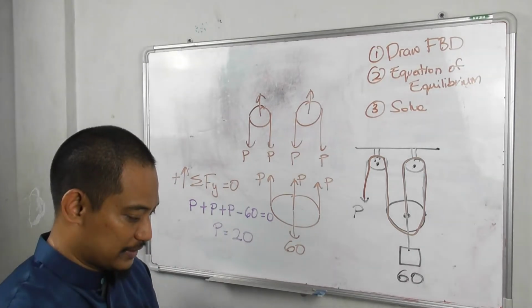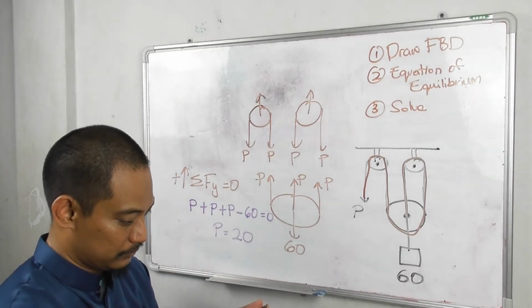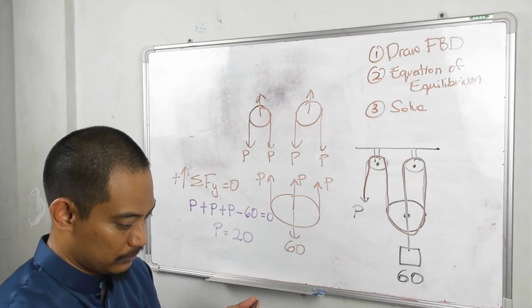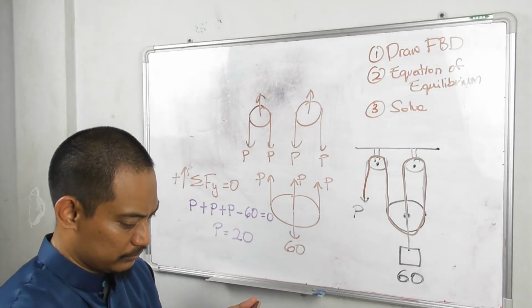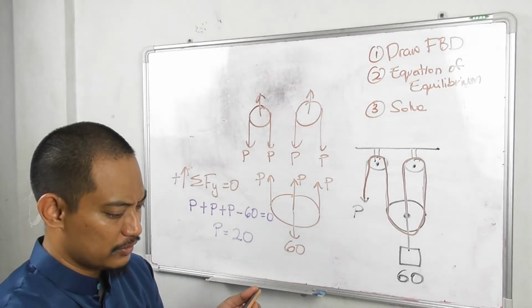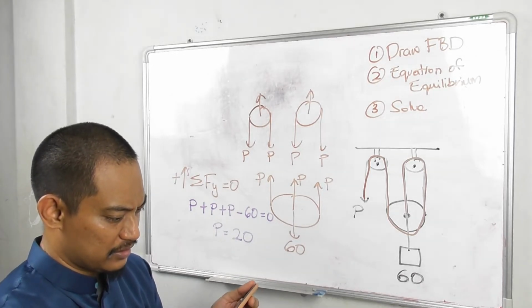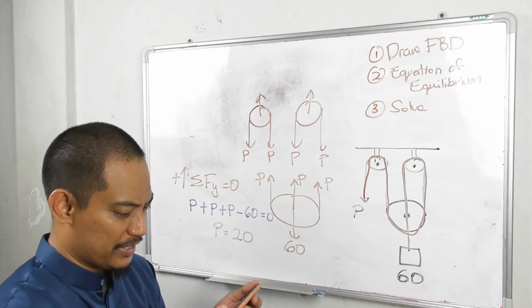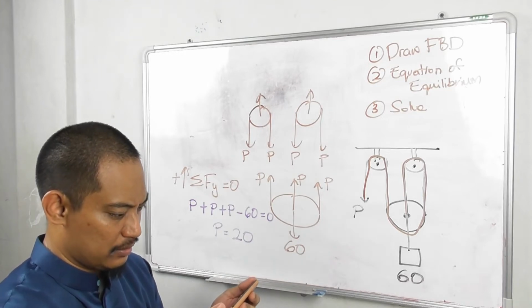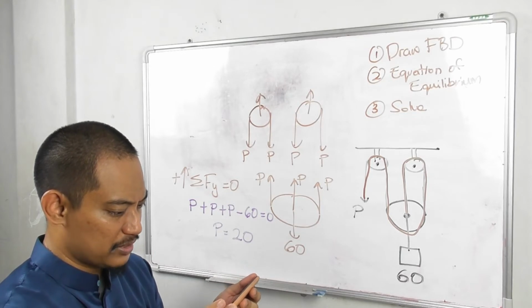So going to the second question. Determine the normal force that the 100-pound plate A exerts on the 30-pound plate B, right?